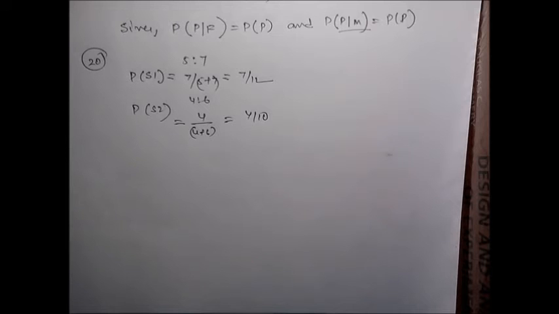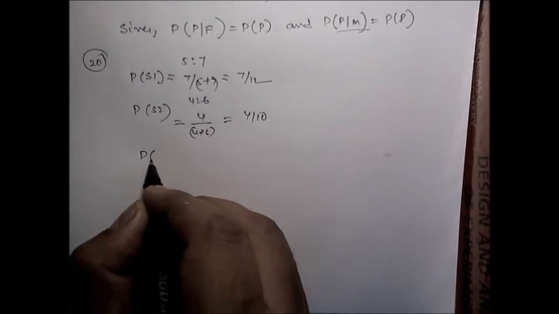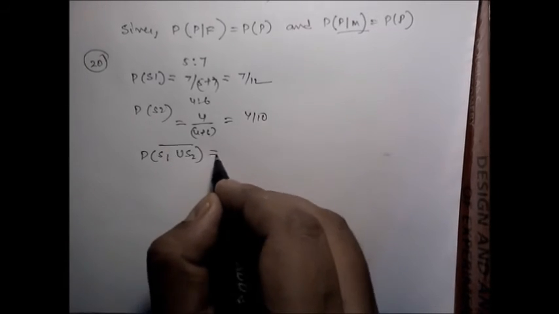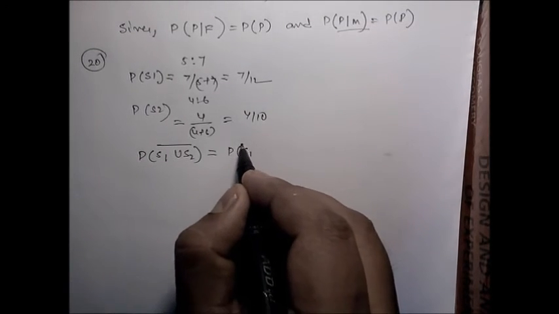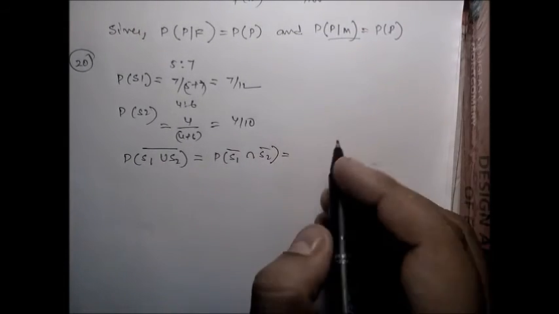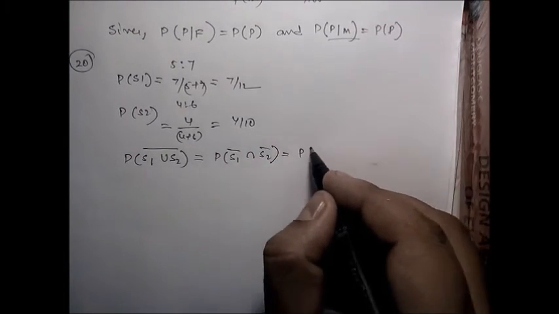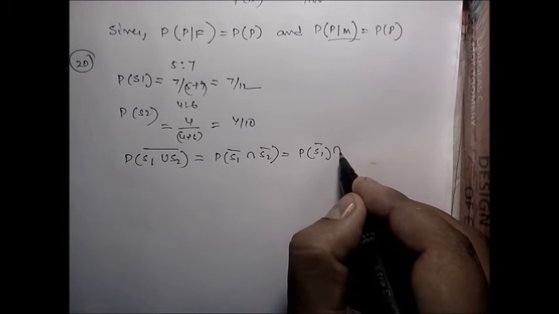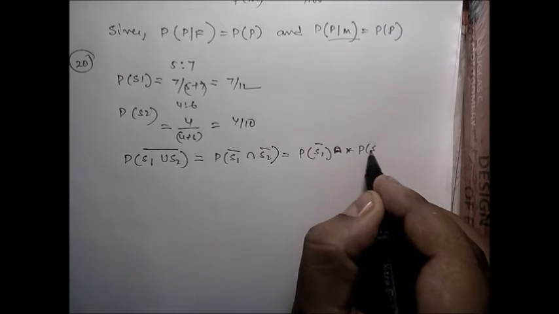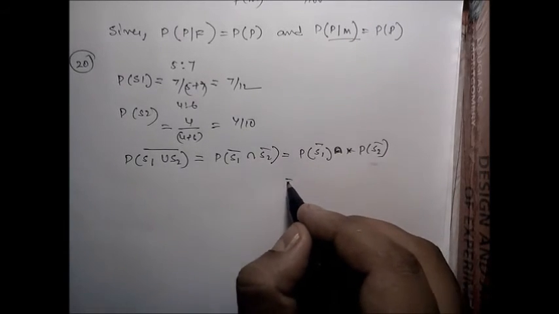Clear? Neither solves the problem means probability of S1 bar intersection S2 bar. Now apply De Morgan's theorem. Clear? That means they are independent events. So probability of S1 bar into probability of S2 bar, because they are independent events.